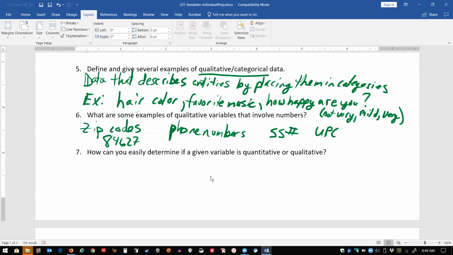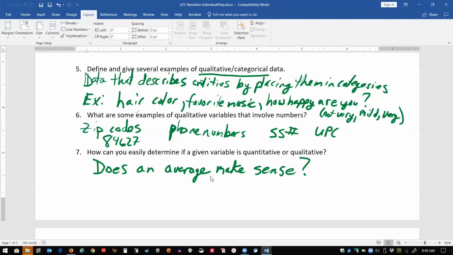I recommend just this question: does an average of those values make sense? If an average makes sense, then it's a quantitative variable. If an average does not make sense, it is qualitative. Good? Make sure that's in your notes. Great way to tell, okay?